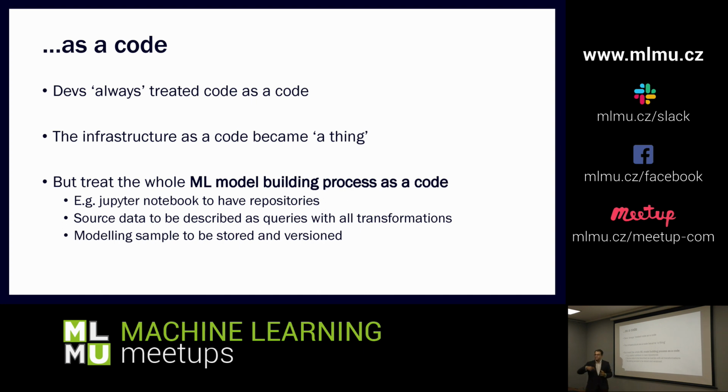I said each of these cycles is a new version. So if you think about it, in the past, all the devs knew that you should version your code, right? You used, I don't know, Subversion, Git, things like that. But then the big thing came: infrastructure as code. For those who are not devs, that means that setting up the computer where your code is going to run is also described by code, which is very good when something fails, so you can start it again with almost no downtime, because you know what to start.